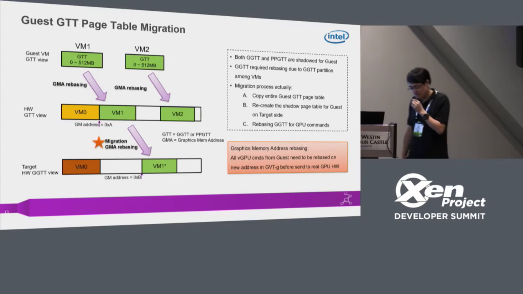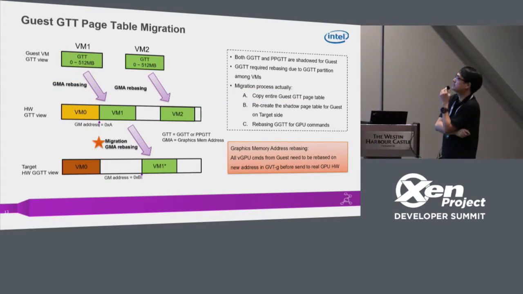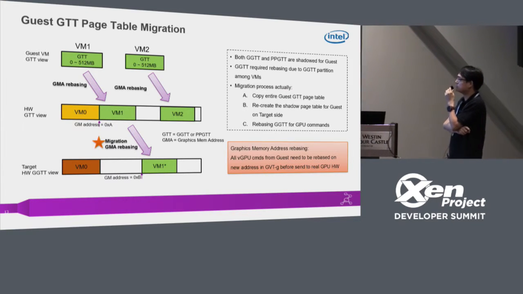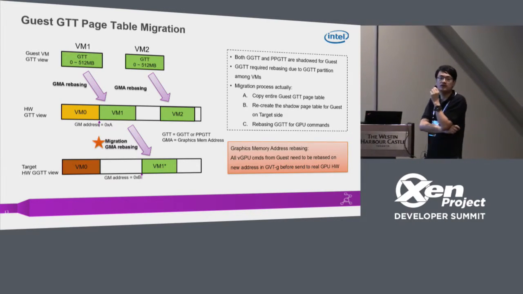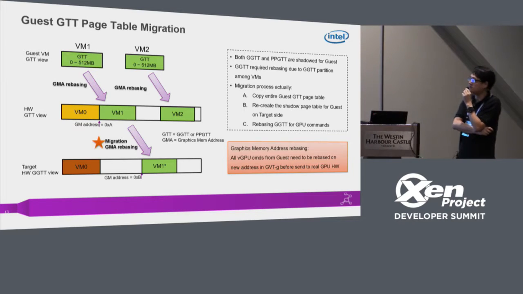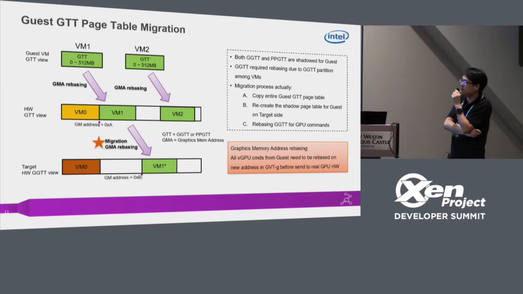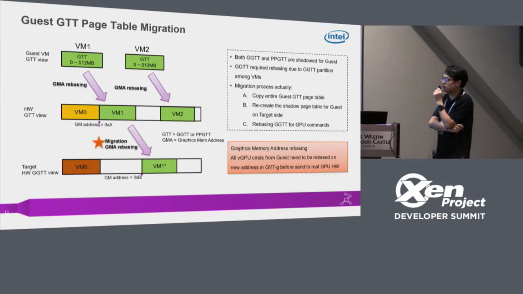Okay, the first thing is how to migrate the guest GGT page tables, the guest graphic tables. I just mentioned the graphic page table is very similar to the CPU page tables, so we copy the entire table to the target site, and we do the shadowing in the target site.